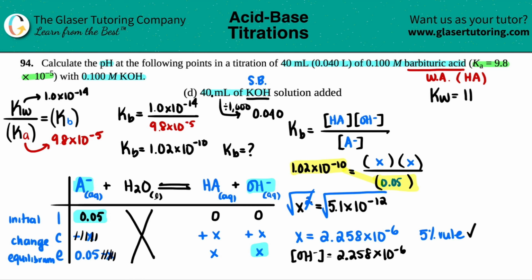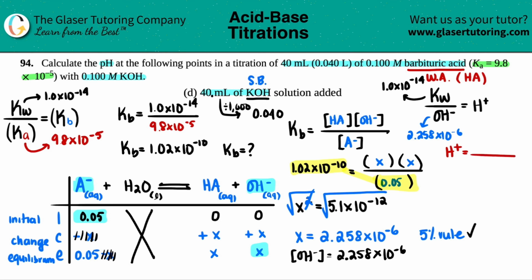So Kw divided by OH minus is going to equal H plus, because from there I can finally find a pH. The Kw is the one that we already know, 1.0 times 10 to the negative 14th, and the OH is what we just found out, the 2.258 times 10 to the negative 6th. So let's find out that H plus value.